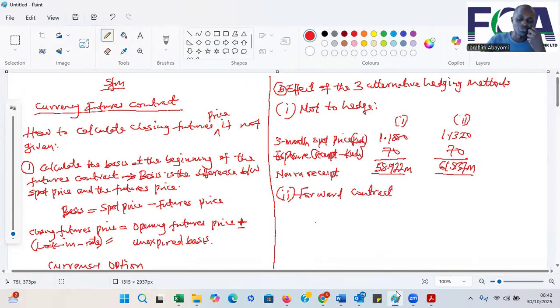If you're using forward contracts, we have two scenarios. Scenario one, okay, let me extend it a little. Let me say scenario one here, scenario two.